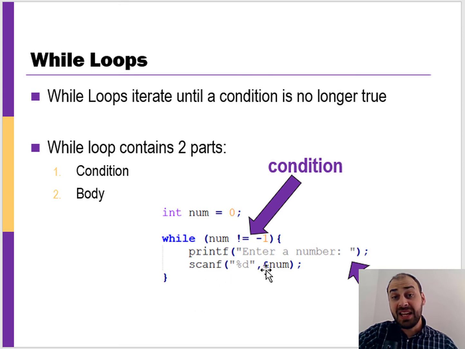Effectively, this is asking a user to enter some information, particularly a number. And this loop below will continue to loop while someone enters anything besides -1. So it would just loop indefinitely until someone entered -1, and it would then quit. Exclamation point equal means not equal. We'll see more of that later on too, but that's what that means. It says continue to loop while num is not equal to -1.